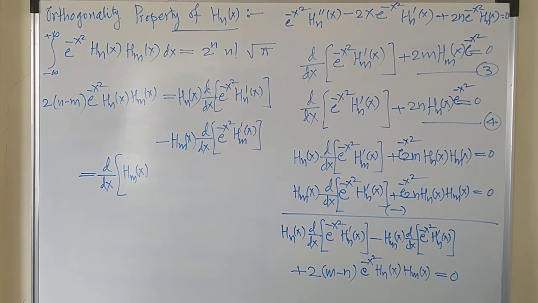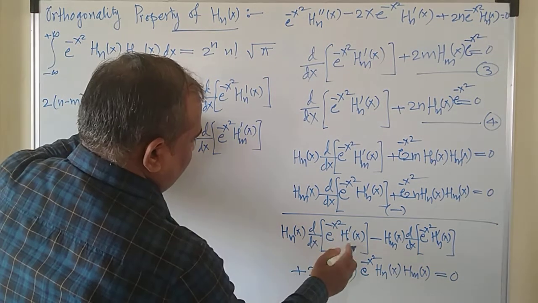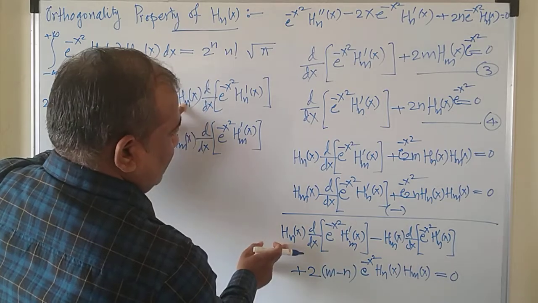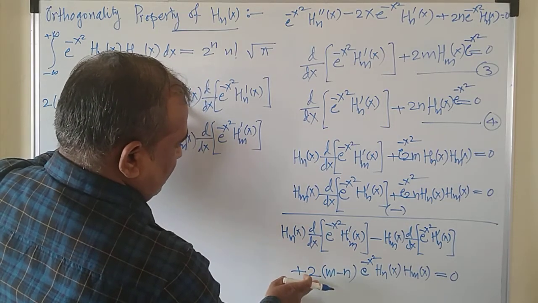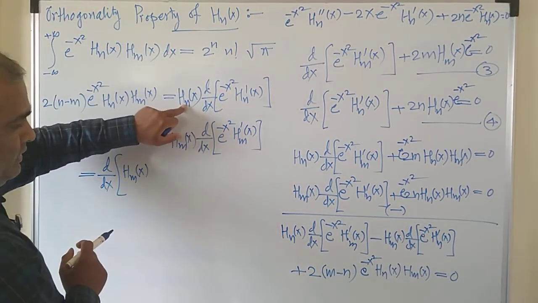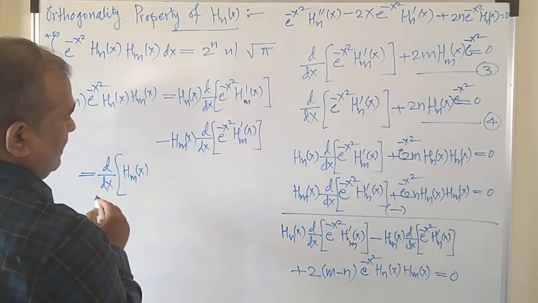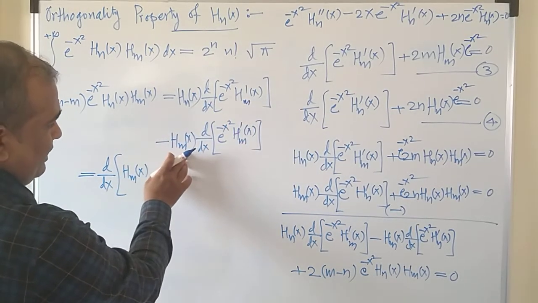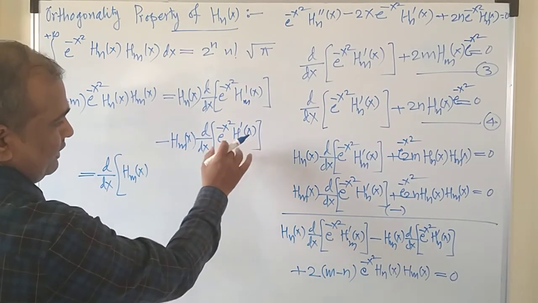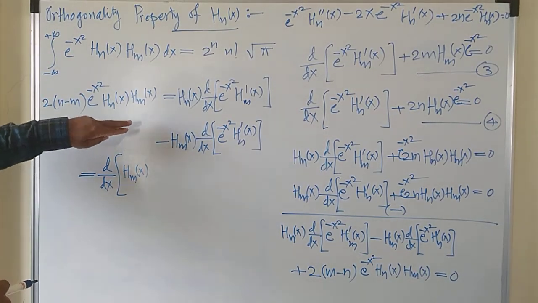What we have done here is, this is m here, this is n here. That's okay, but we made a mistake here. This must be m, and this must be m, and this must be n, right? And hence, now this is okay.